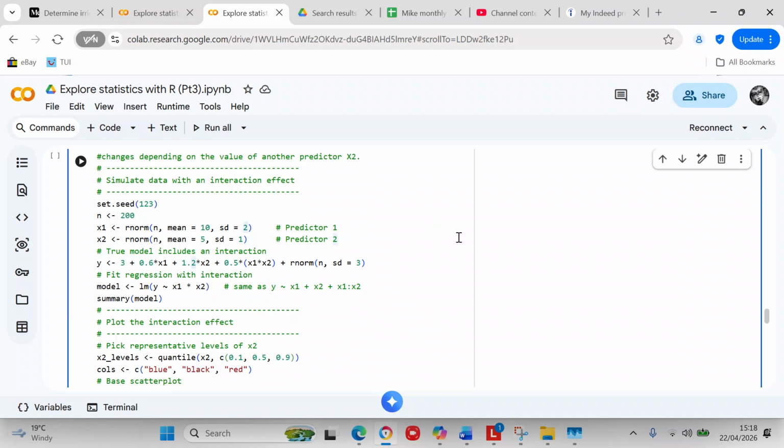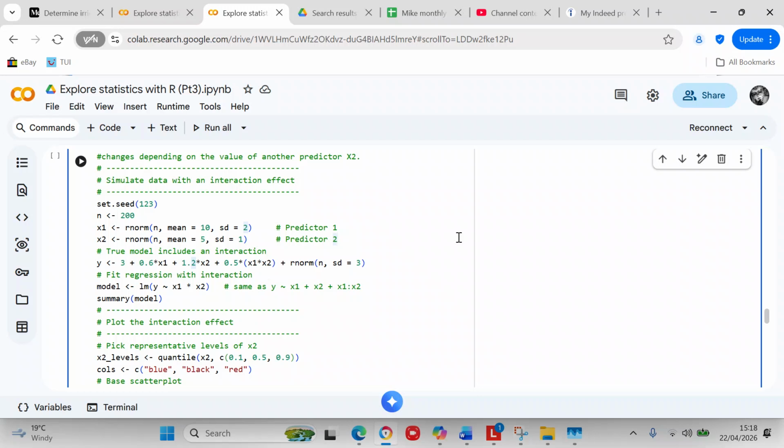X1 becomes rnorm, which is a randomly sampled normal distribution of 200 samples with a mean of 10 and a standard deviation of 2, and that is predictor number 1. And then X2 becomes rnorm, a randomly sampled normal distribution of 200 samples with a mean of 5 and a standard deviation of 1. So that is predictor number 2.